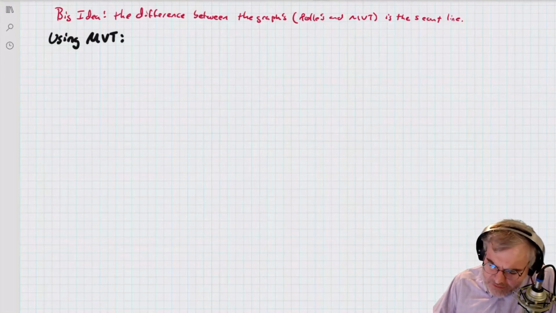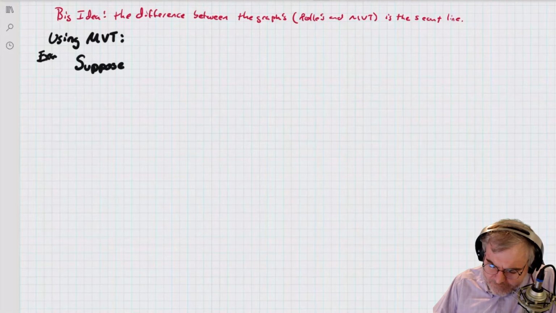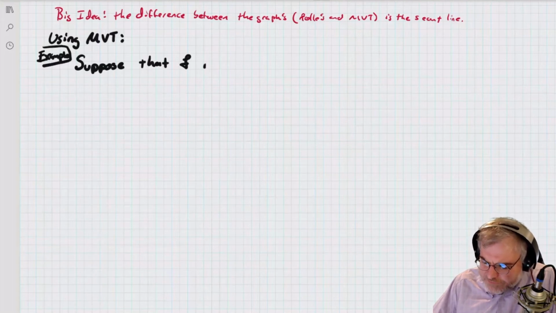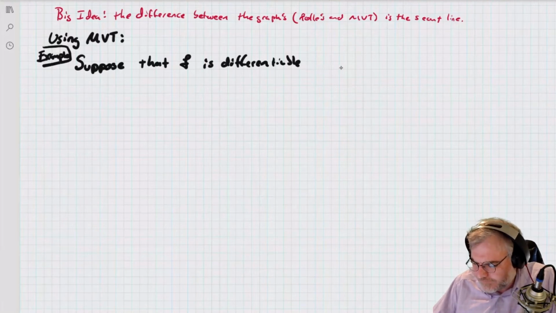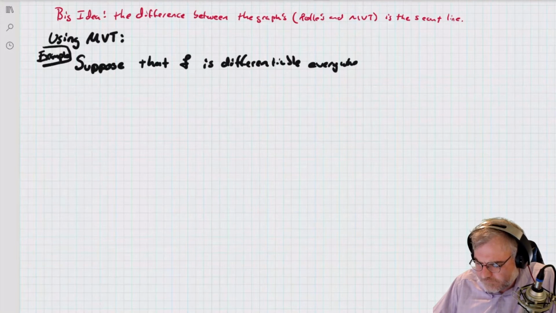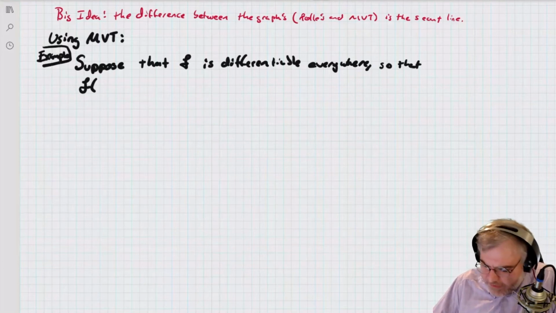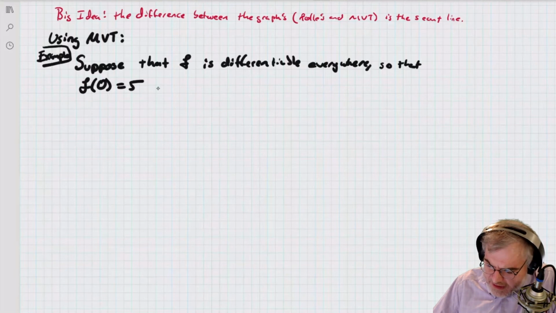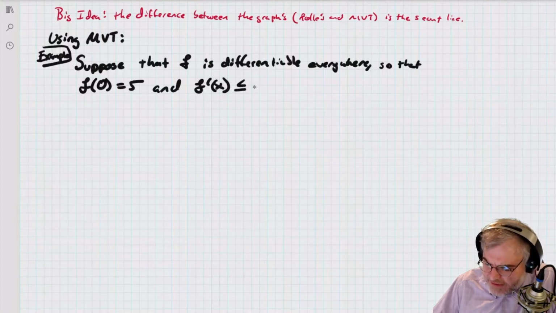But let's say I've got the following. Suppose, as an example, that f is differentiable everywhere, so that f of 0 equals 5, but f prime of x is less than or equal to -1 for every x.